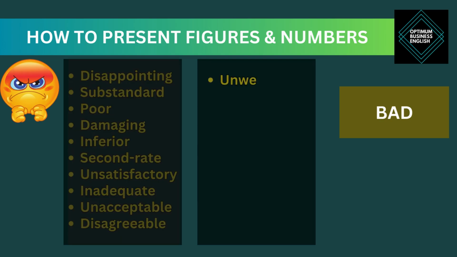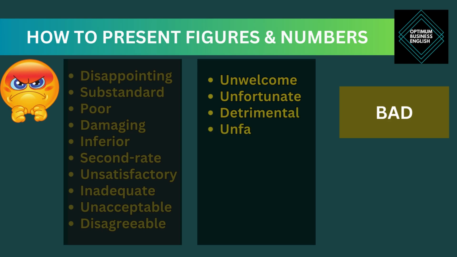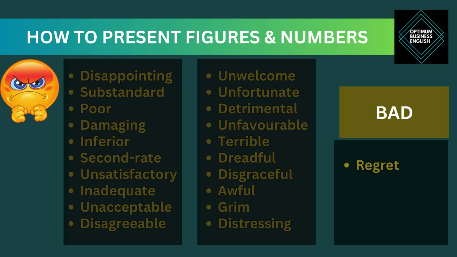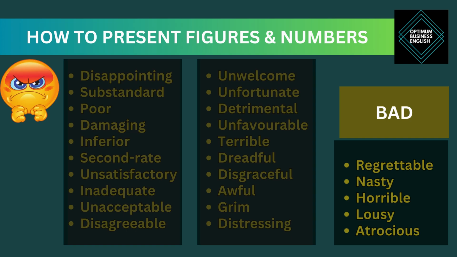We could also say that the result was unwelcome, unfortunate, detrimental, being bad for you, unfavorable, terrible, dreadful, disgraceful, awful, grim, or distressing. The results could be regrettable, nasty numbers, horrible figures, lousy results. They could be just simply atrocious.